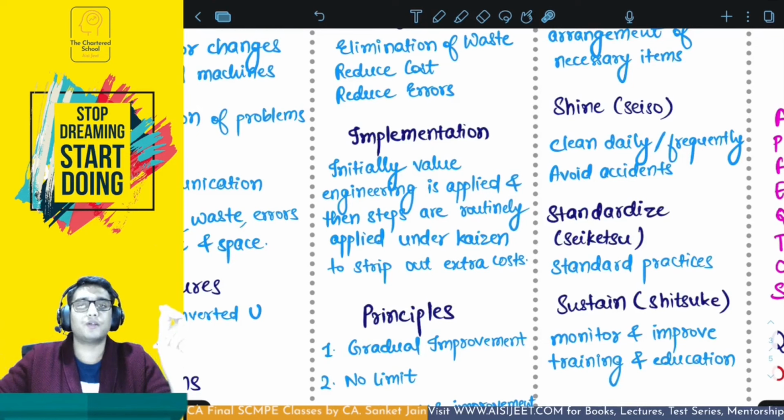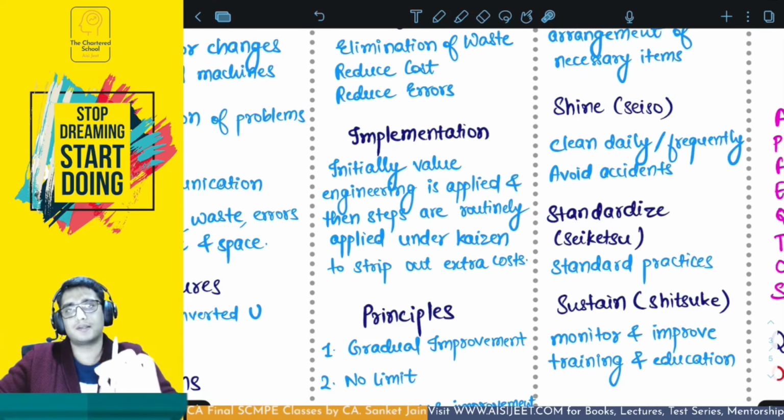Okay, so what you are trying to do is you are applying initial value engineering, and then these steps are repeated routinely under the Kaizen system so that extra cost can be stripped out.